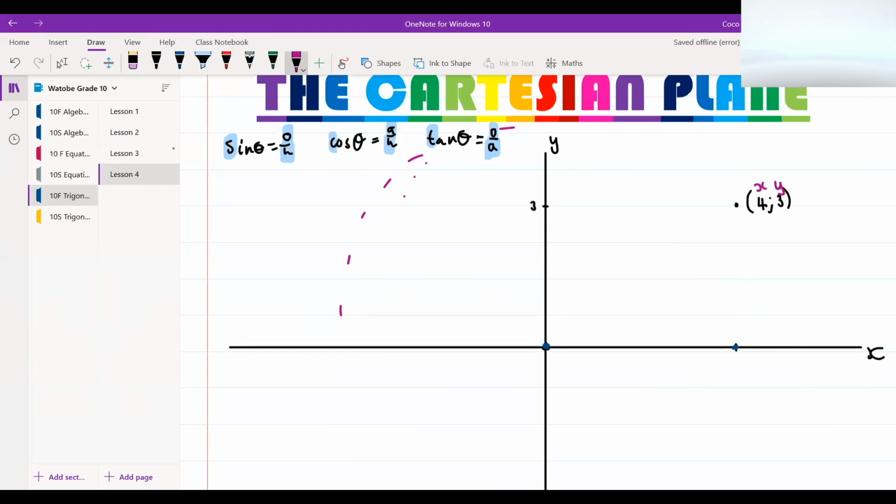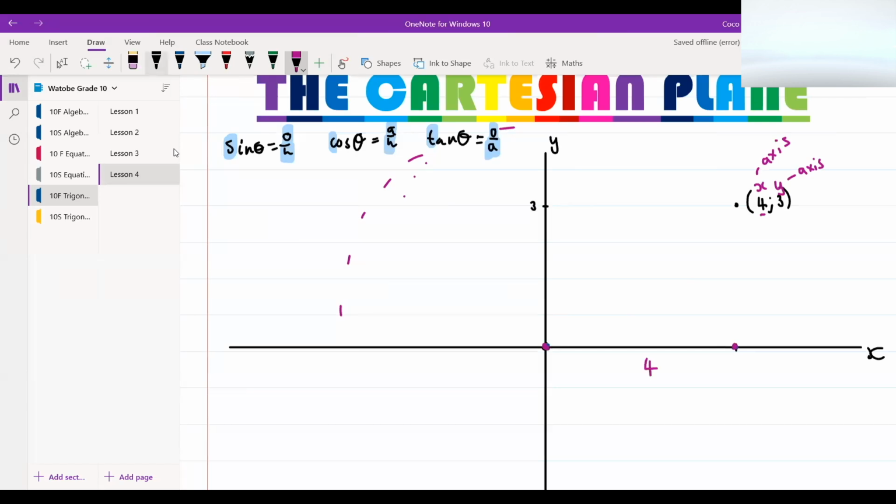We're going to look for this on the X-axis and this number on the Y-axis. From here to here, the distance should be my X value, so the distance is 4.